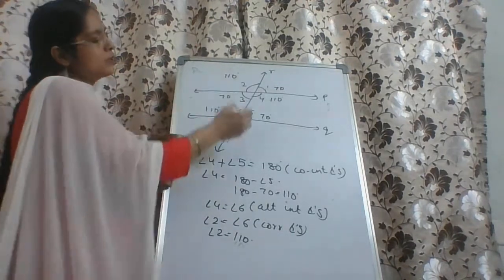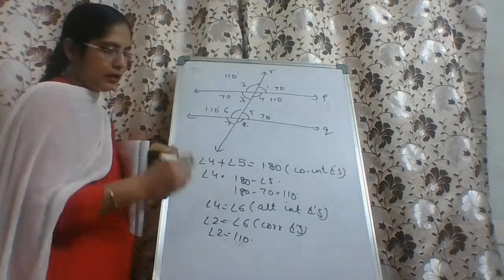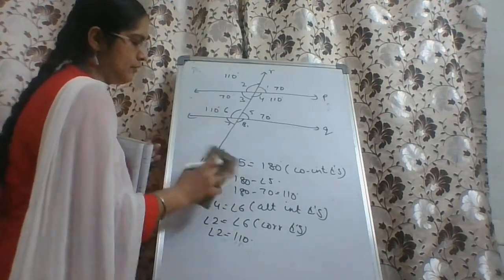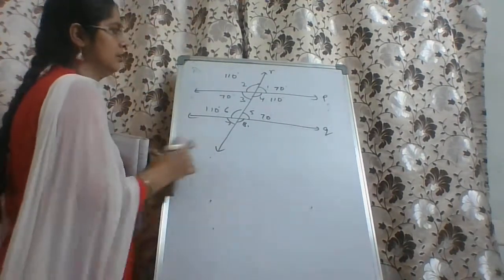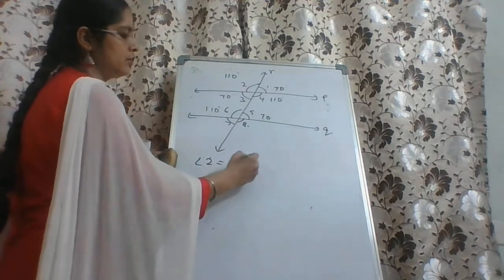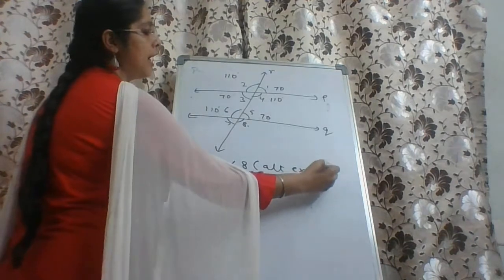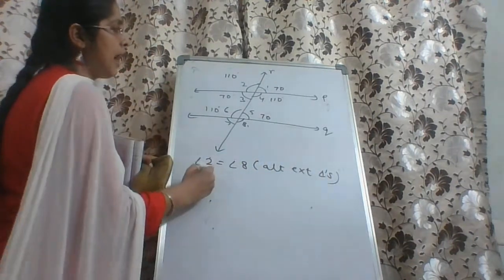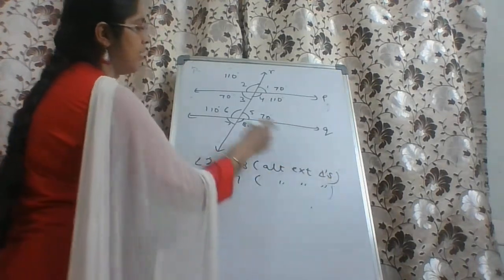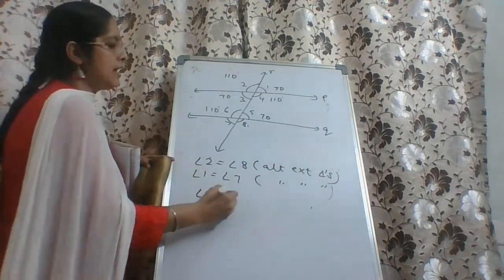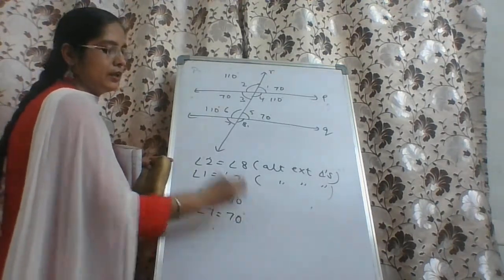Now, angle 2 is also equal to angle 8, alternate exterior angles. Similarly, angle 1 equals angle 7, alternate exterior angles. We get angle 8 as 110 degrees and angle 7 as 70 degrees.